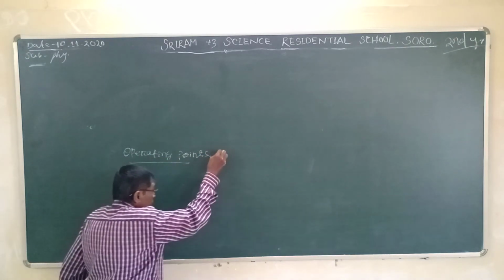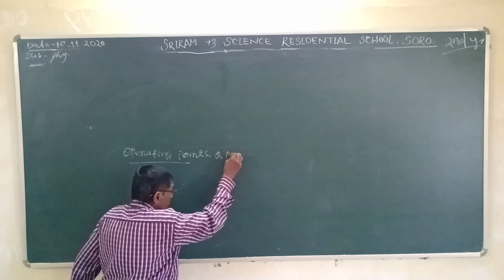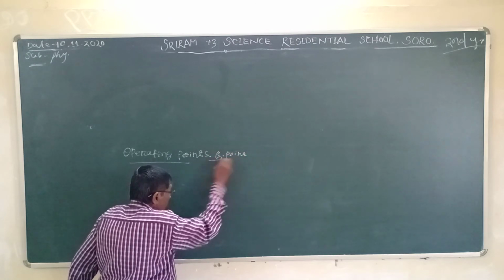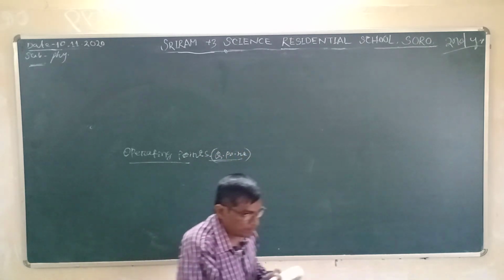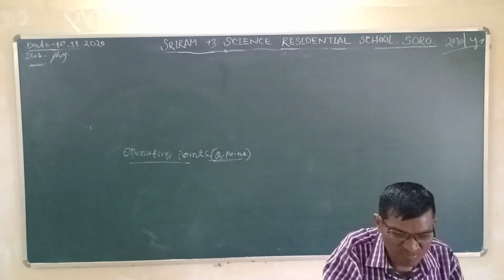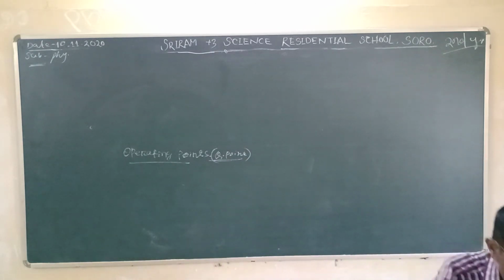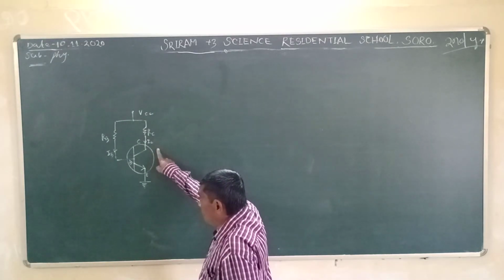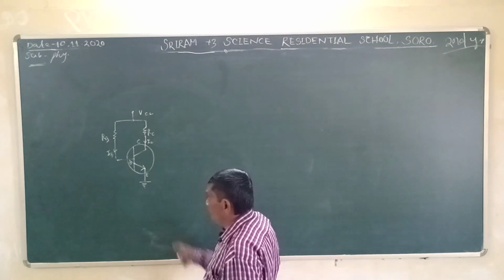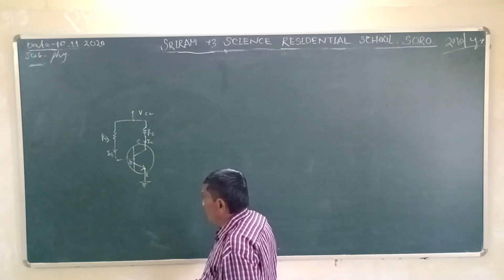Operating points, that is the Q point. In this diagram, this is the fixed biasing diagram.